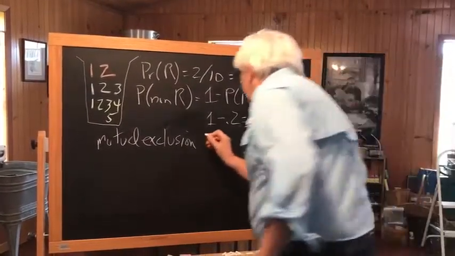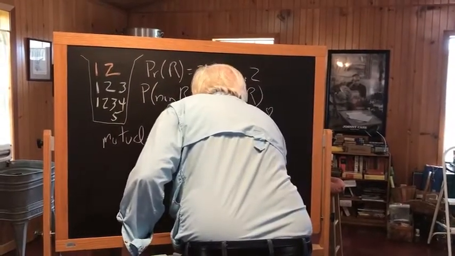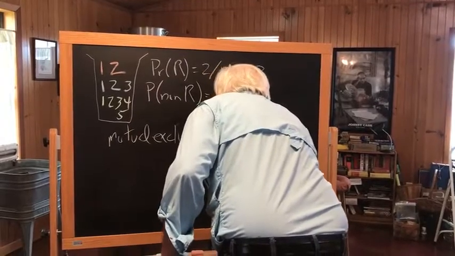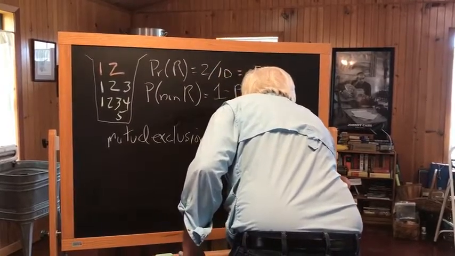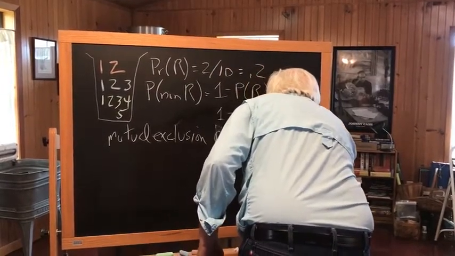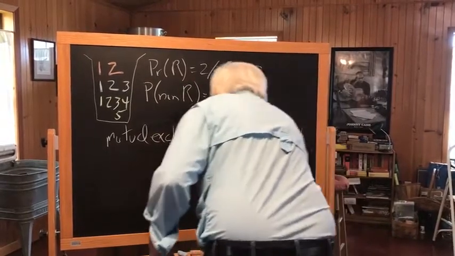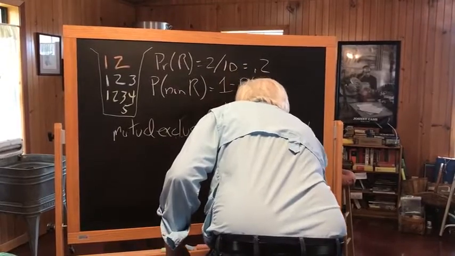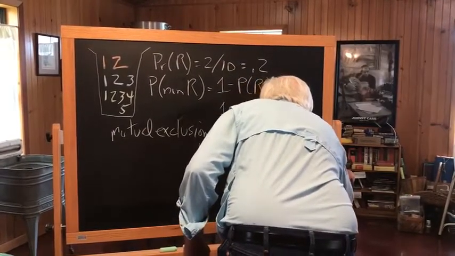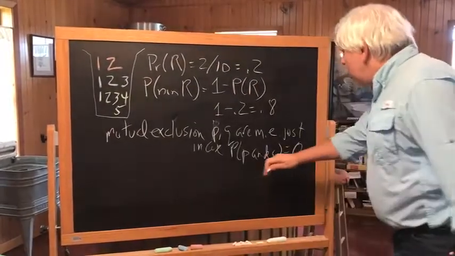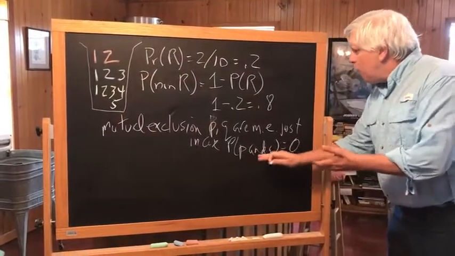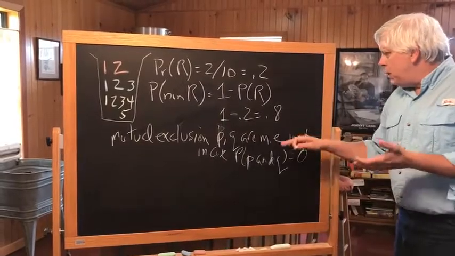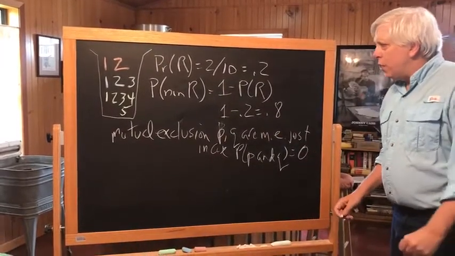P and Q are mutually exclusive just in case the probability of P and Q equals 0. In other words, it is impossible for P and Q to be true simultaneously. That's what it means for P and Q to be mutually exclusive.